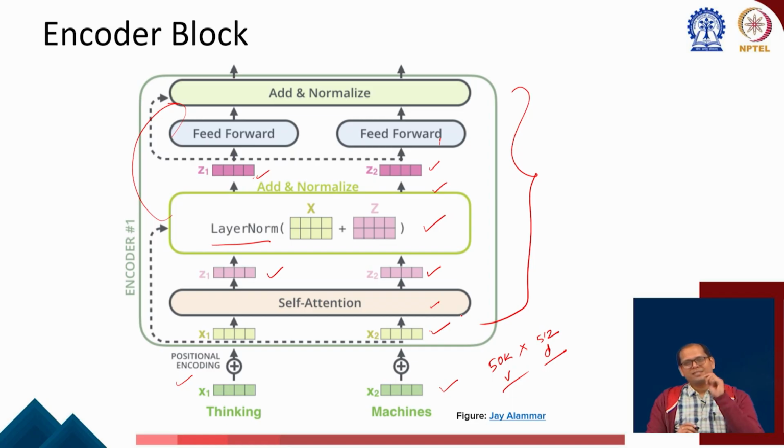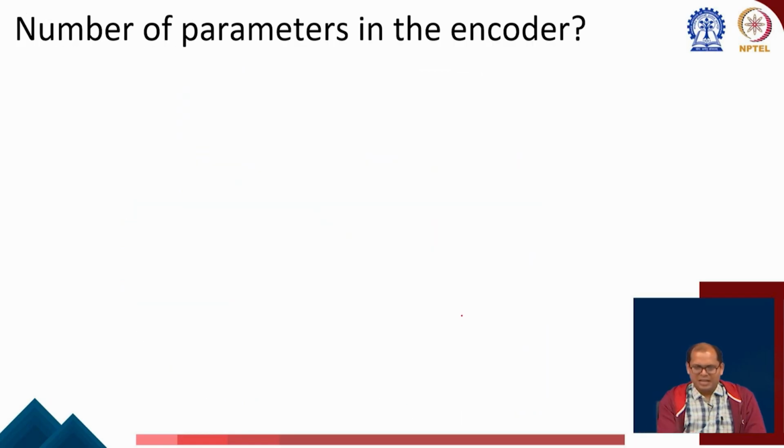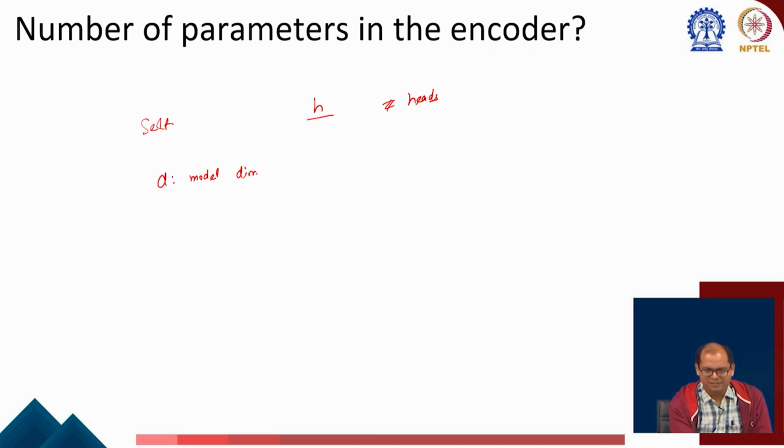So, encoder block has self-attention and feed forward. Let us see the number of parameters for self-attention, then we will see for feed forward. So, in self-attention block, you have, let us say, H number of heads, and D is the model dimension that you want to maintain.